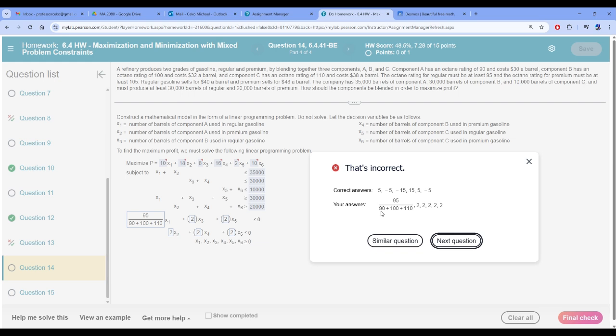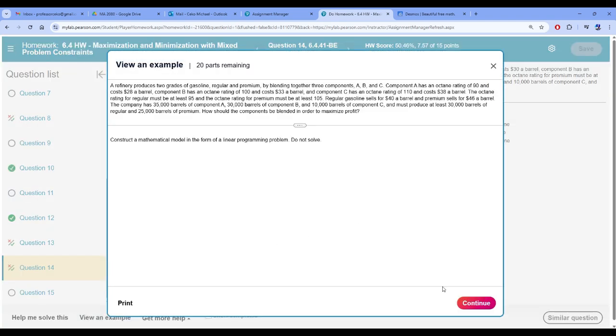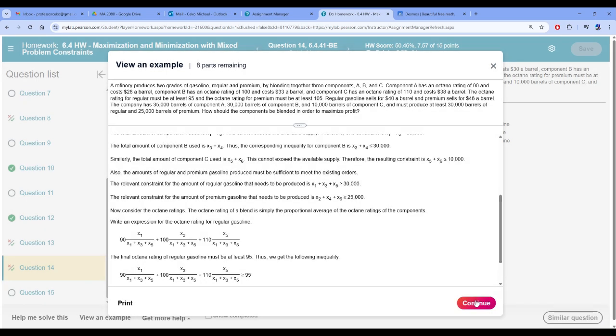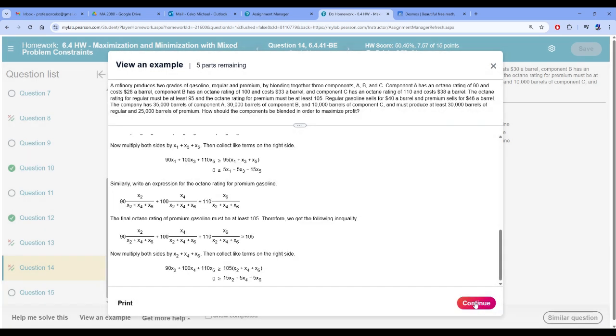I mean, I see that they're in like a reverse order, but I have no idea how they got their answers. Oh, well, I'm going to X out and let's just take a peek at the unit example. I got most of it. I just don't understand how they got those numbers for 5, 4.